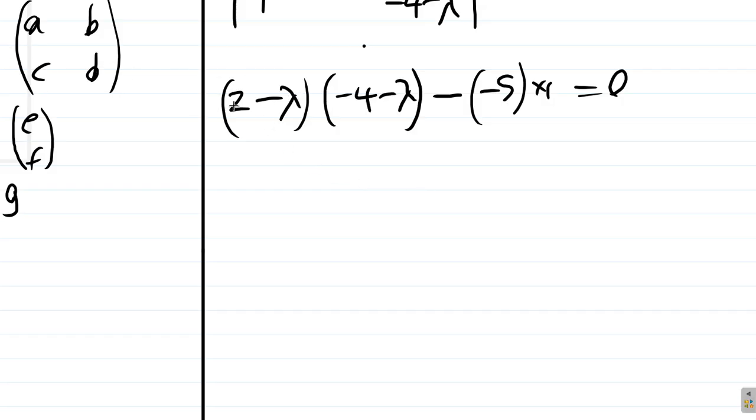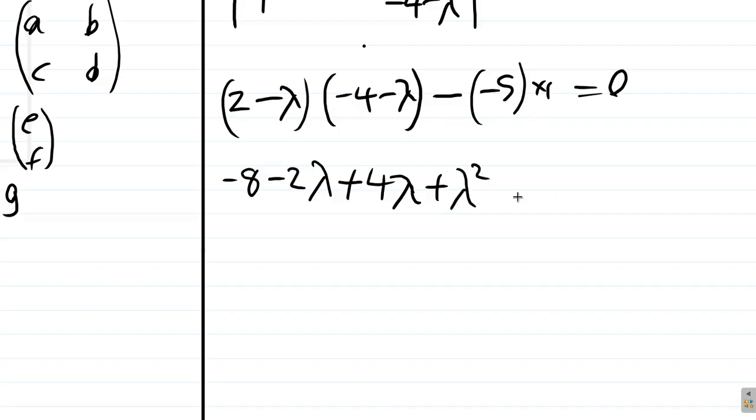So let's multiply them out. 2 by negative 4 is negative 8. 2 by negative lambda is minus 2 lambda. Negative lambda by negative 4 is positive 4 lambda. Negative lambda by negative lambda is plus lambda squared, minus negative 5, plus 5, equals 0.